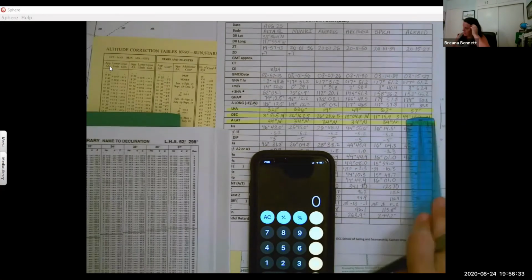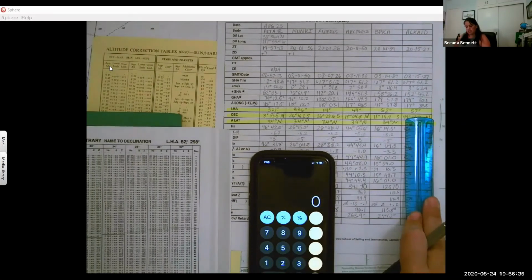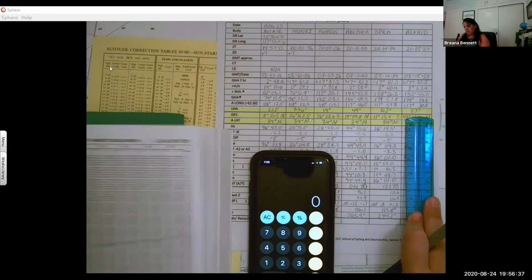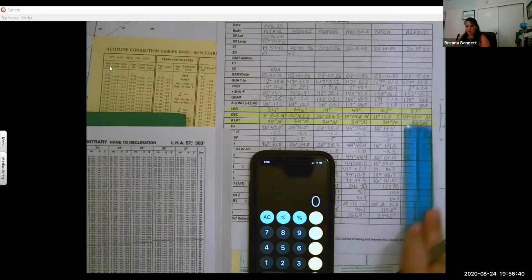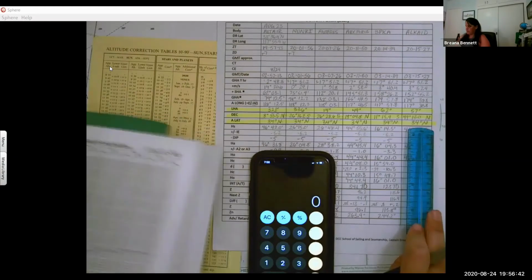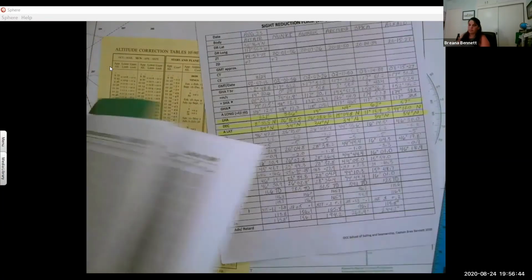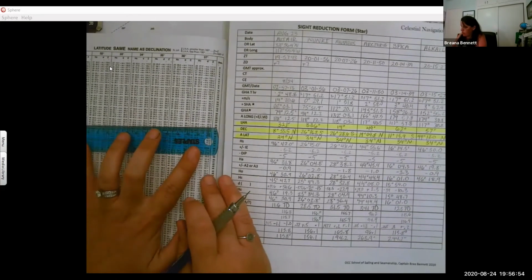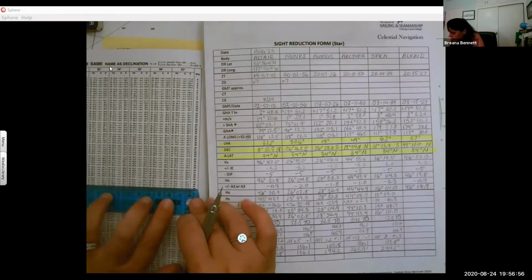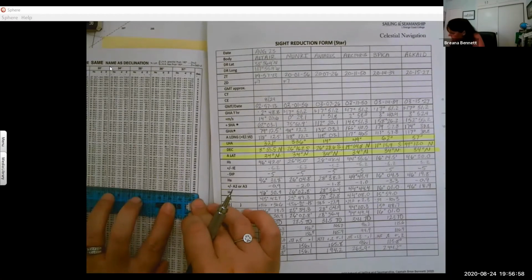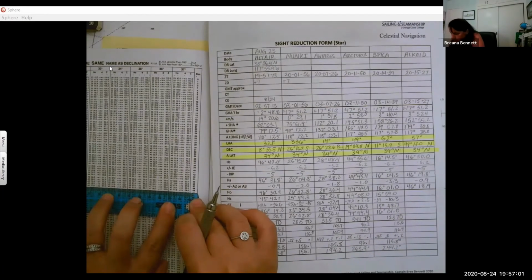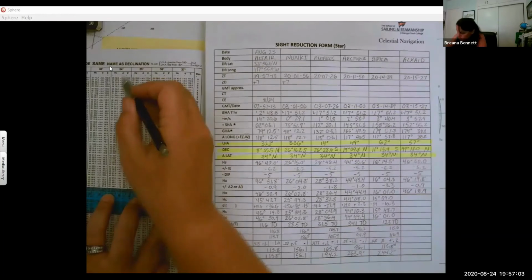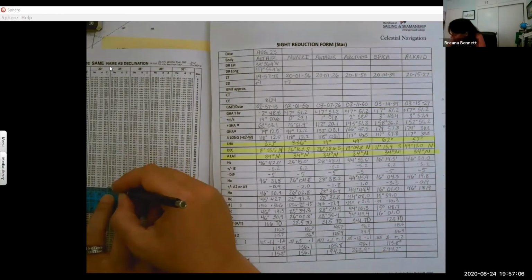Okay. 57. And we are same. And our declination was 49, a high one. Declination 49, 34. And 57.